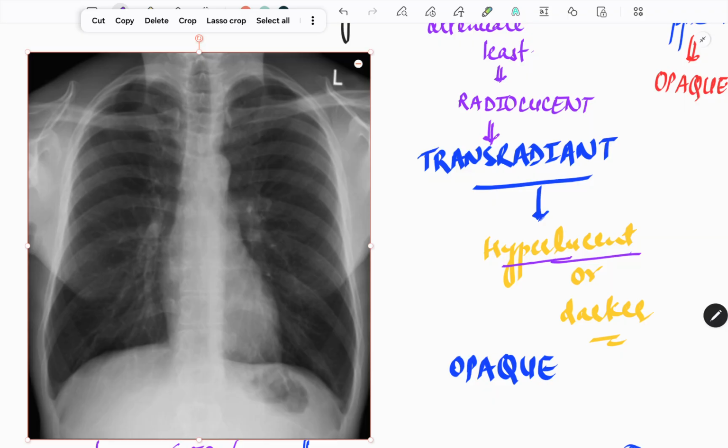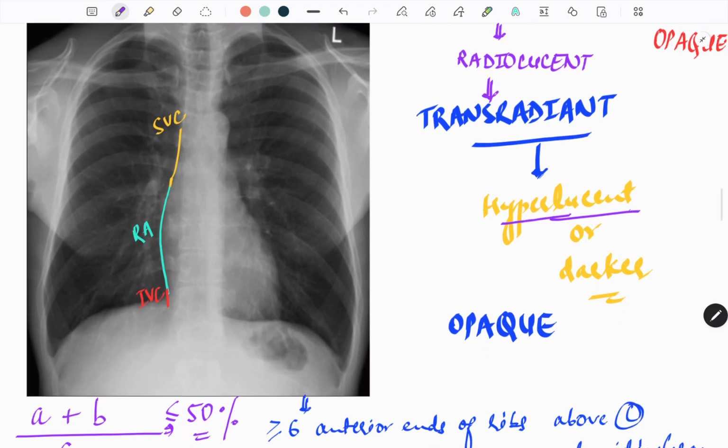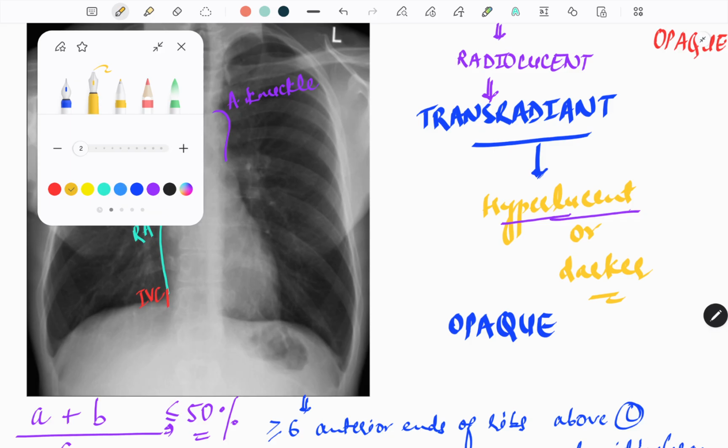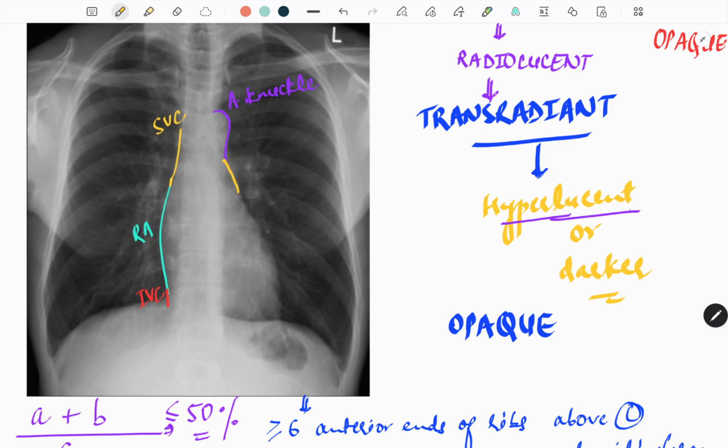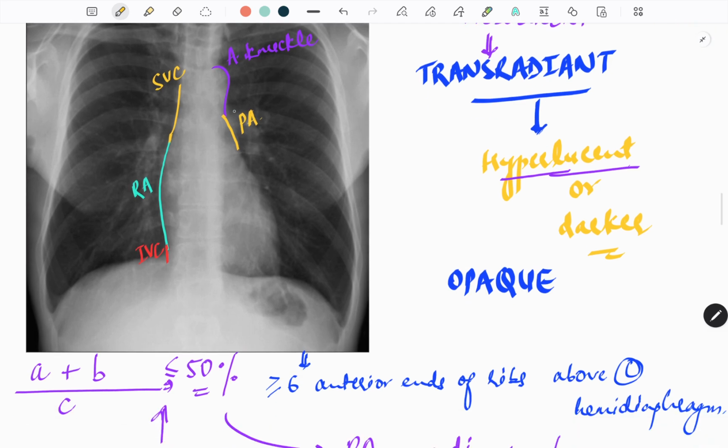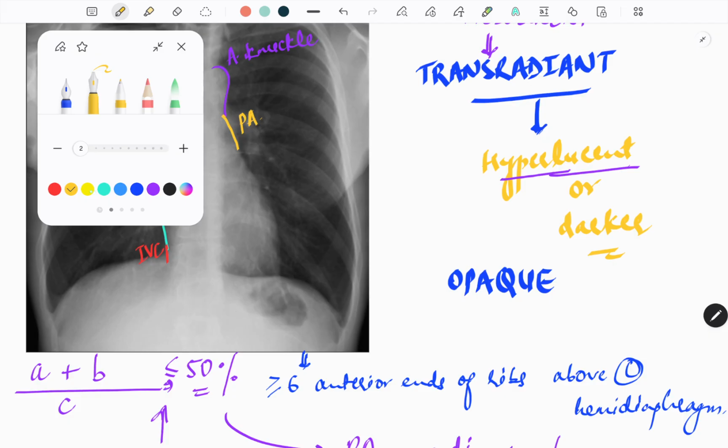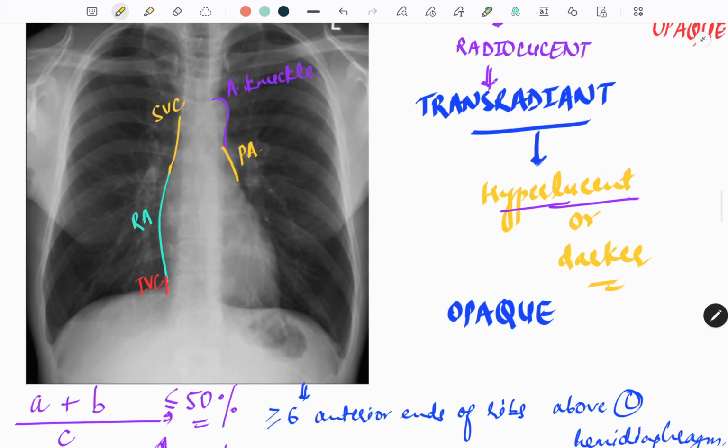On the left, the aortic knuckle formed by the arch of the aorta, then the pulmonary artery. So this would be the aortopulmonary window.